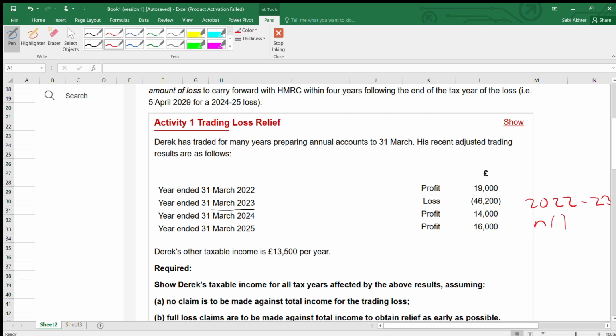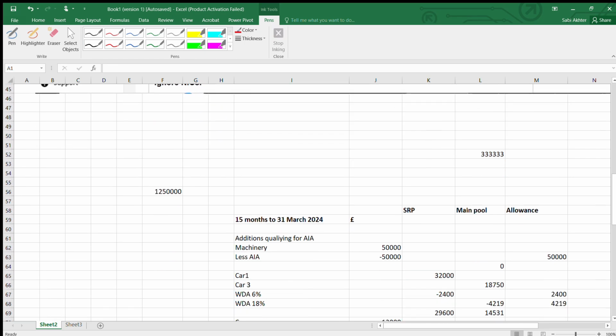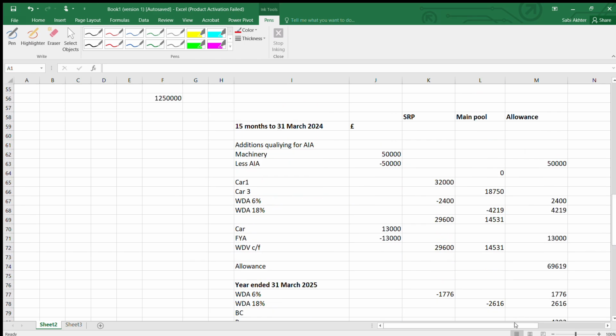Now, remember in A, no claim was made. So let us start doing with A. This table I've used for capital allowances in my previous lecture. I still have it here.